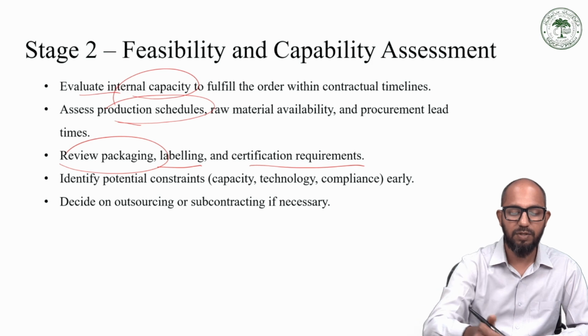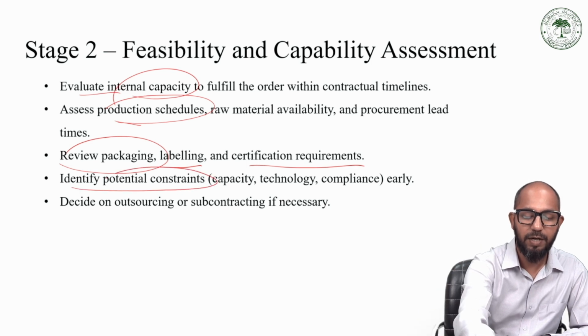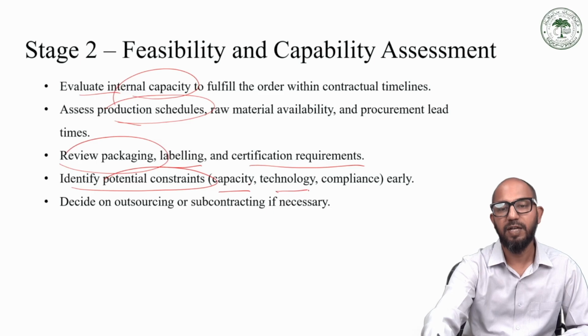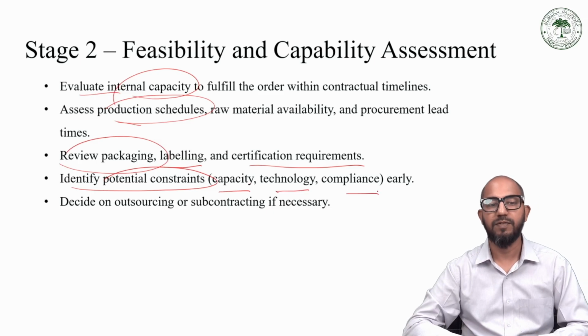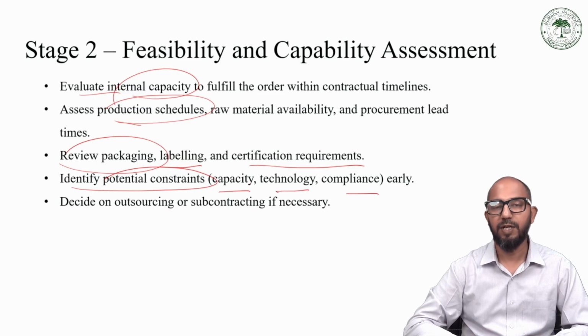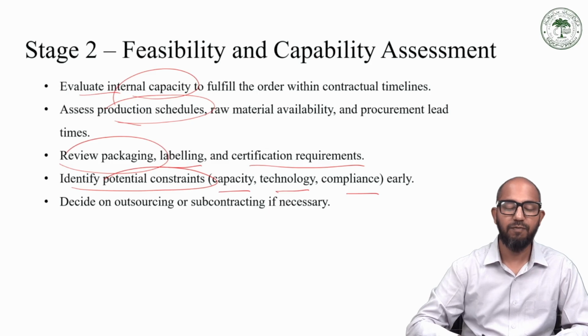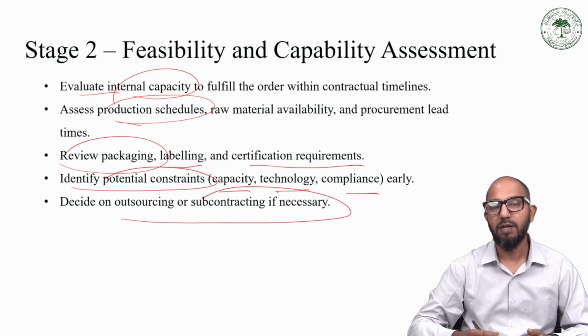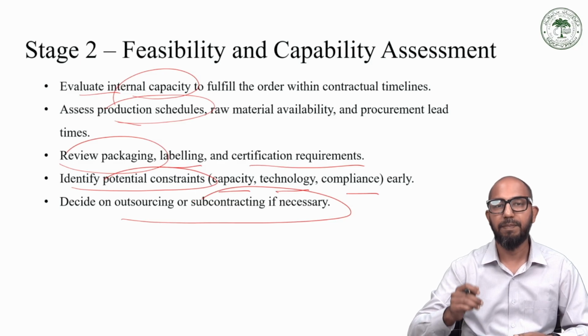Under the second stage, it is also important to identify potential constraints such as capacity, technology, and compliance. In this particular stage, we decide on outsourcing or subcontracting if necessary to complete the order for the importer.